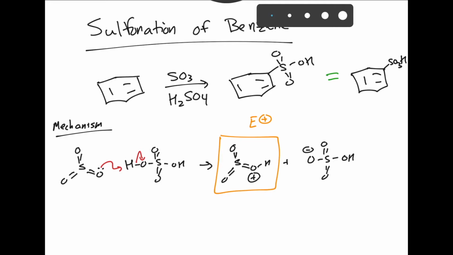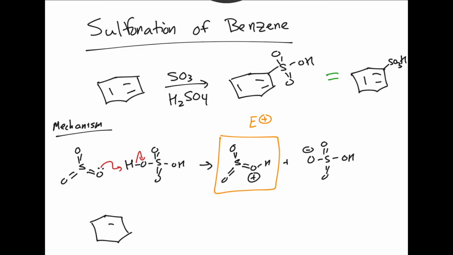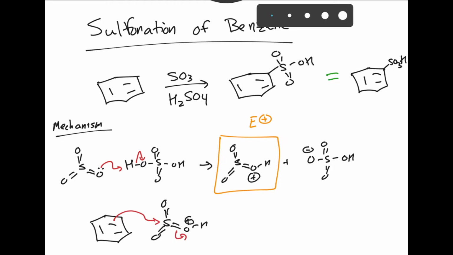So your benzene, there you go, then reacts with this. Just like we've seen before, you're going to add to the atom beside the positive atom and push electrons over.